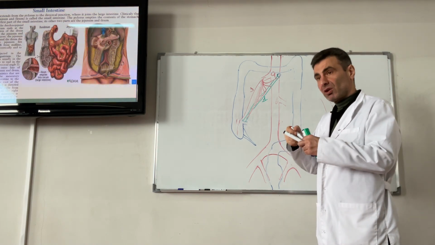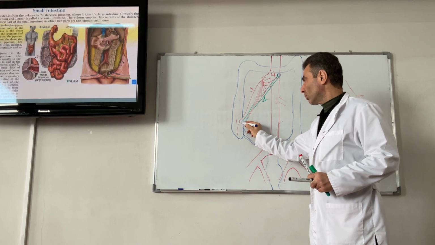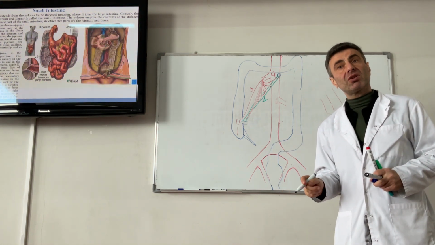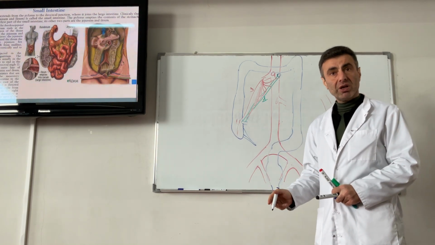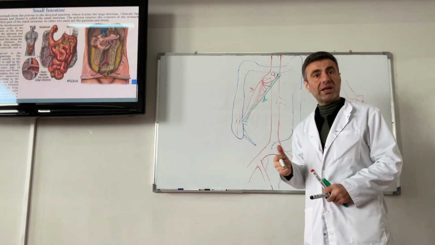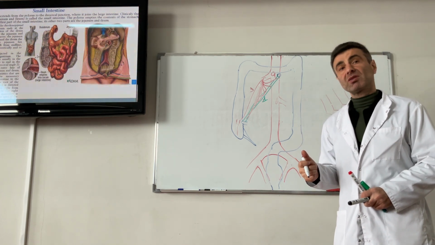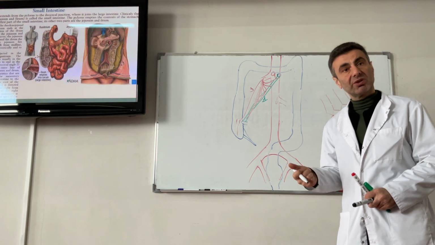Don't forget that your ileocolic junction forms a valve, which we call the Bauhin valve. The Bauhin valve has great physiological meaning. Content can pass only from the small to the large intestine and cannot make a retrograde passage. Otherwise, your patient will develop dysbacteriosis because the content in the small and large intestine is absolutely different from each other.